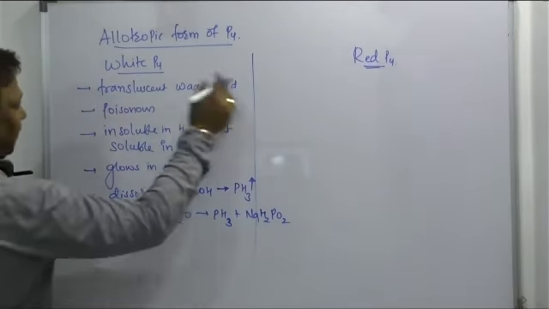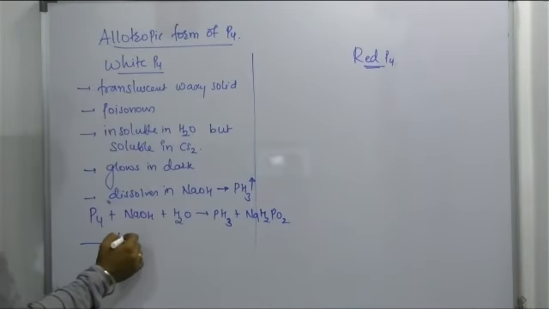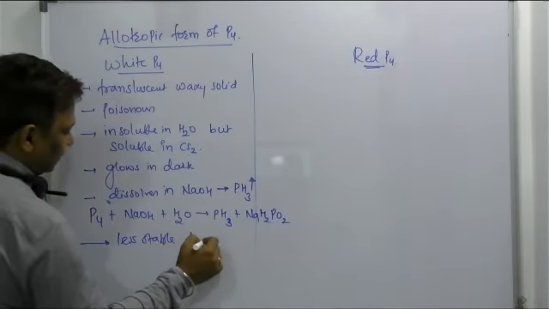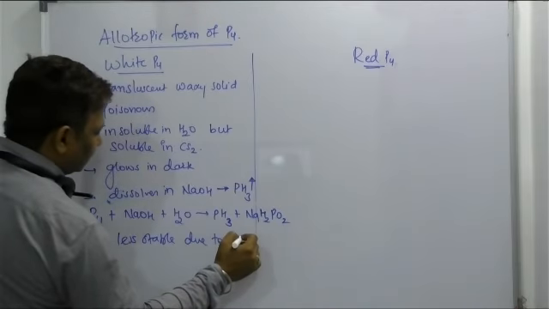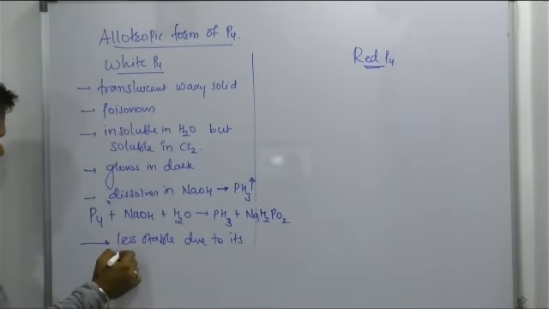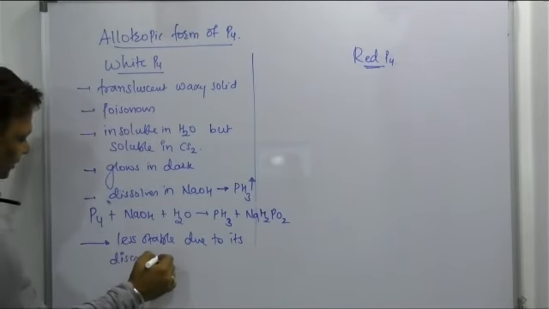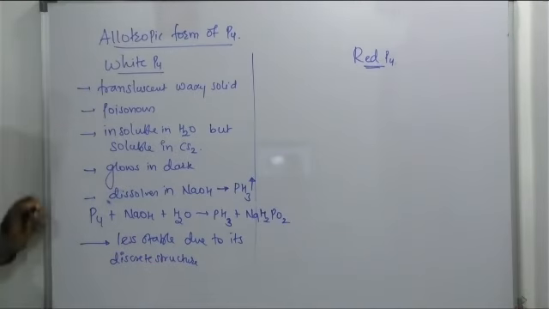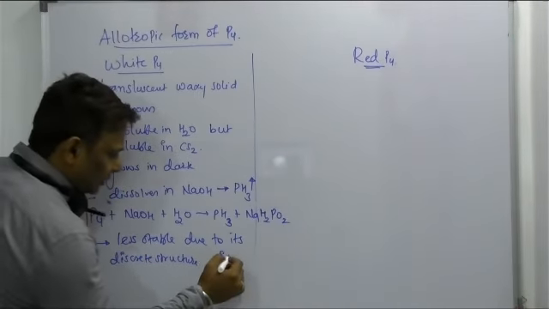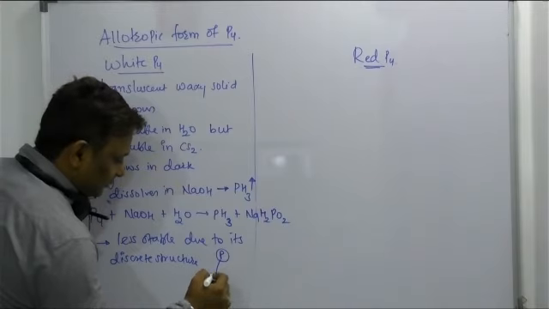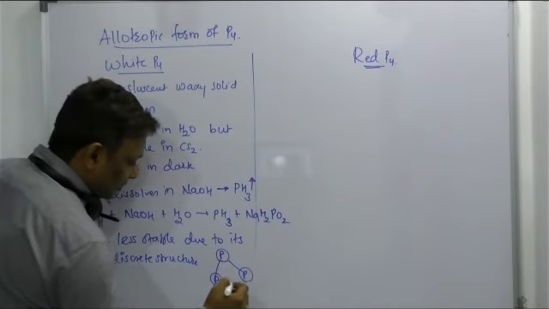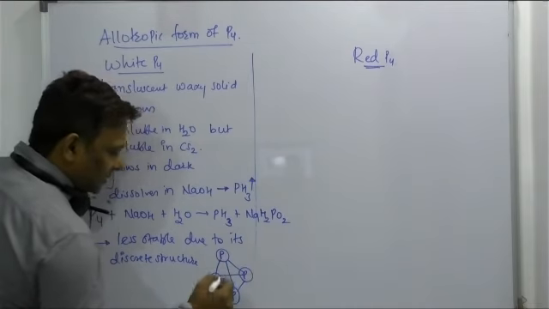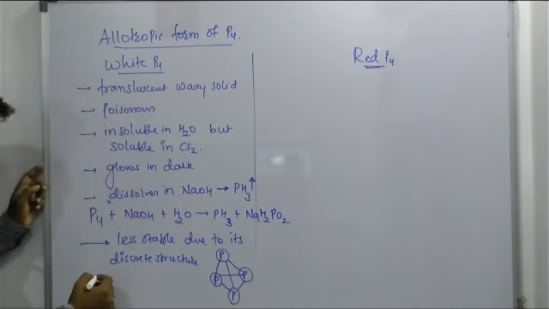Compared to red phosphorus, white phosphorus is less stable due to its discrete structure. What is the discrete structure of white phosphorus? Phosphorus, phosphorus, phosphorus, phosphorus: it has a bond angle of 60°.